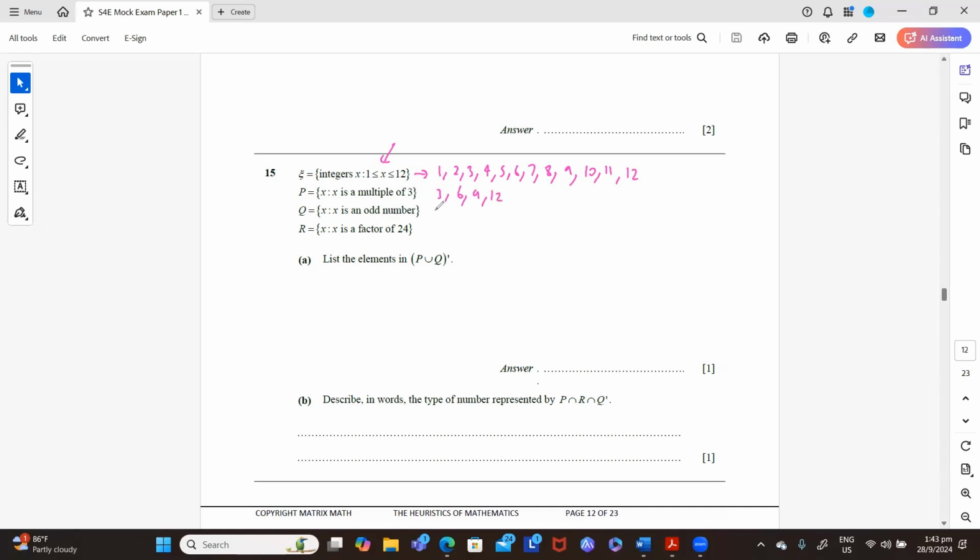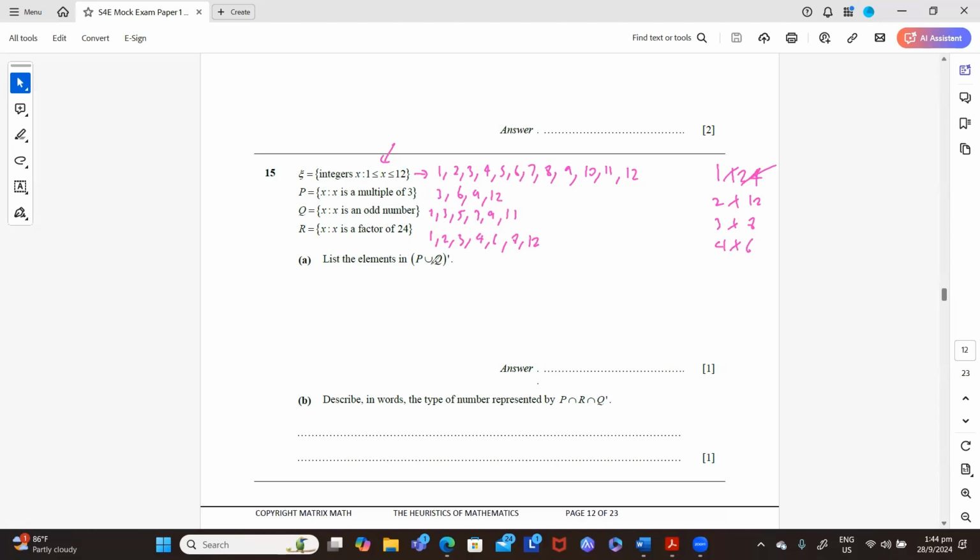Odd numbers: 1, 3, 5, 7, 9. Factors of 24: 1 times 24, 2 times 12, 3 times 8, 4 times 6. So it's 1, 2, 3, 4, 6, 8, 12. We exclude 24 because the range is up till 12.